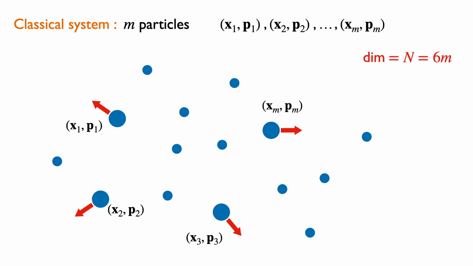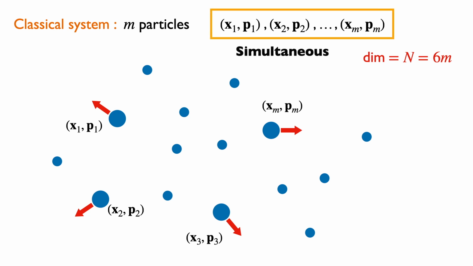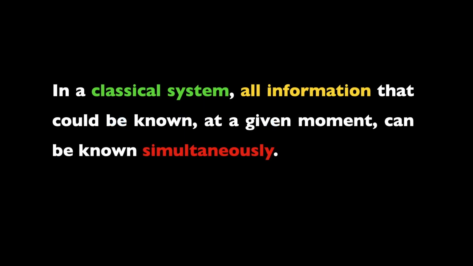All these variables can be known and specified simultaneously. This is the key point. In a classical system, all information that could be known at a given moment can be known simultaneously. Let's compare this with a quantum system. We could describe a state by one of its properties represented by the Hermitian operator A1 in terms of its eigenvalue.